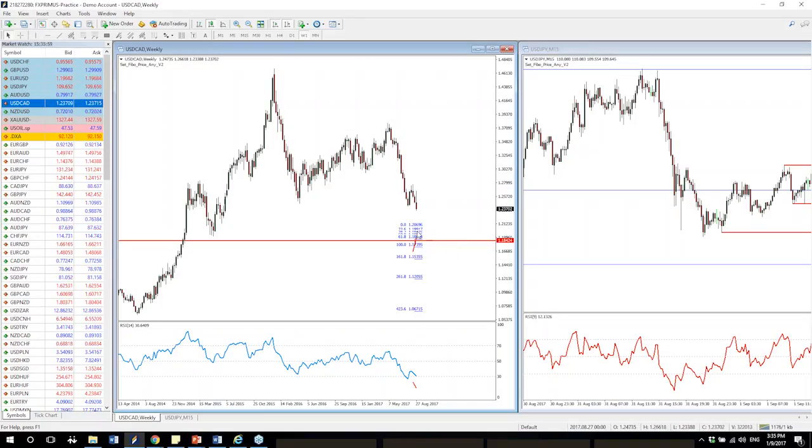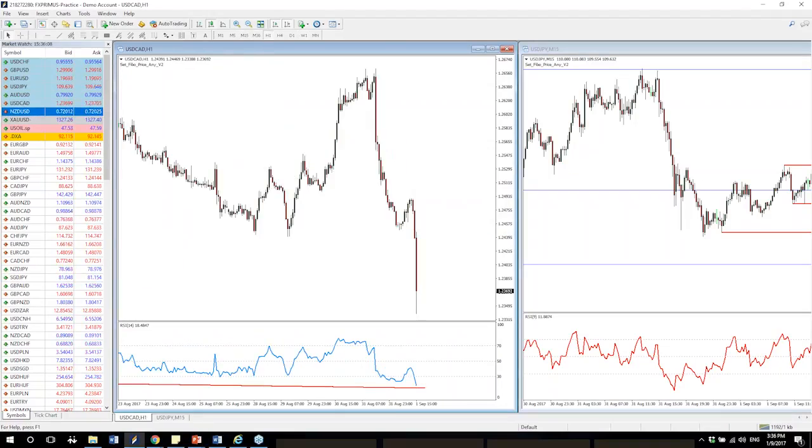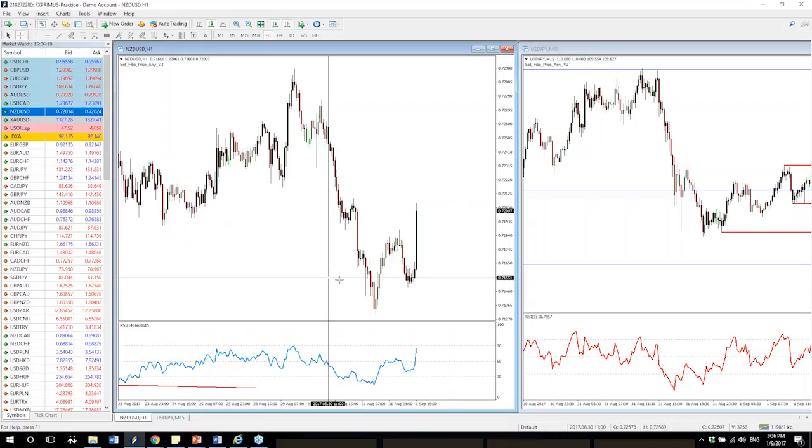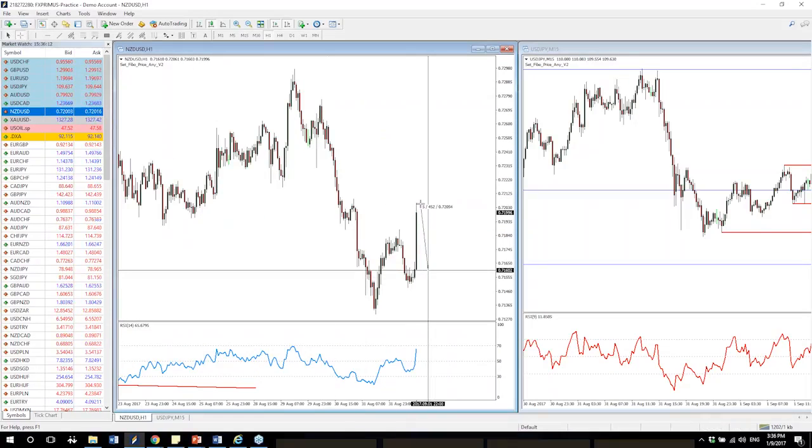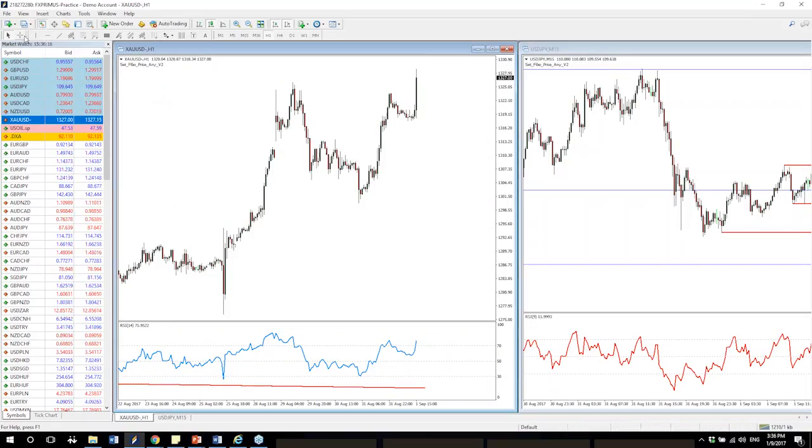Okay, guys, if you have any questions, please feel free to ask. Now is the time. Let's have a look at the New Zealandian. That looks a bit smaller. We're talking about 45 pips. Let's go on gold. Gold moved up about $9. Okay, it's not bad.